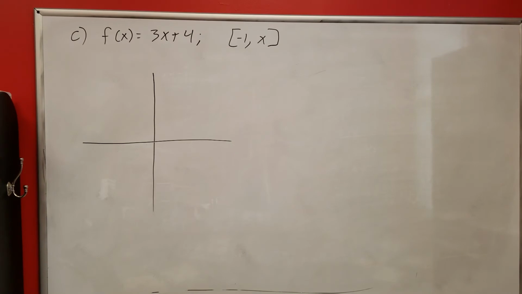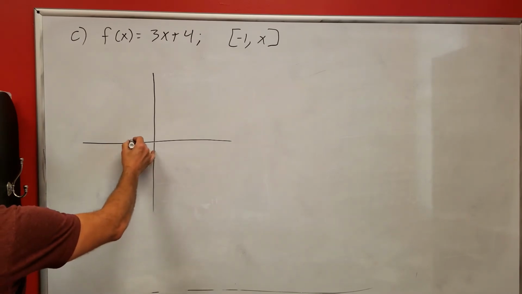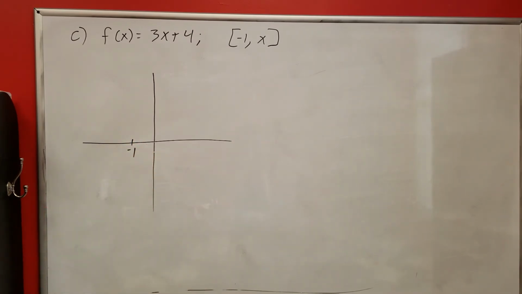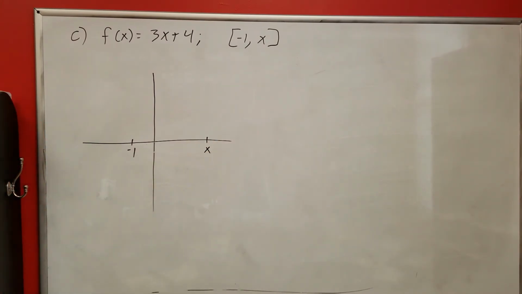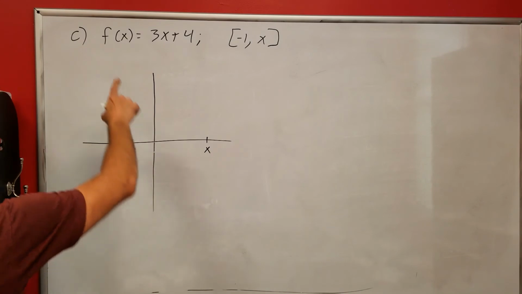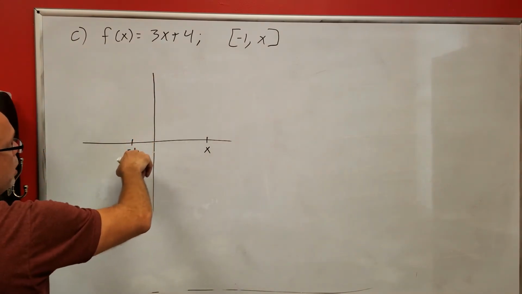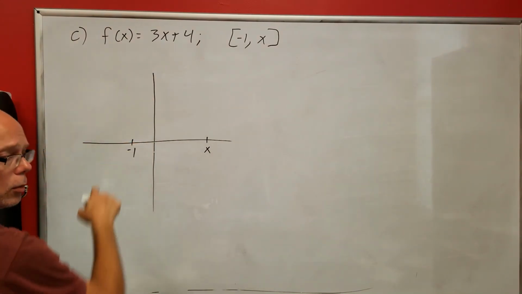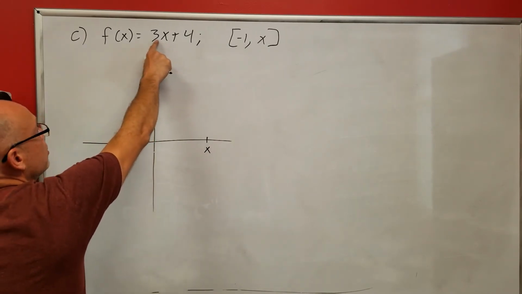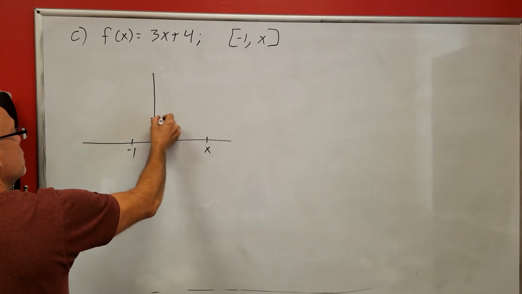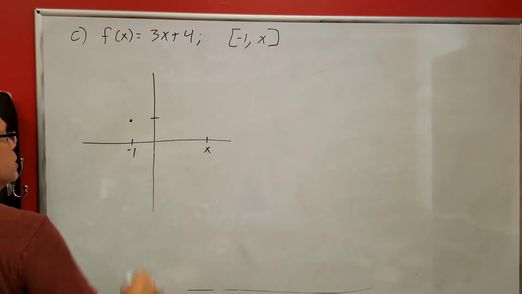Let's see. -1 is somewhere over here, right? And my x, I can say, is somewhere over here, okay? Let's draw a picture of this. Where is this function at -1? If I substitute in -1 here, what do I get out? A 1. So at -1, I'm at 1 right here.